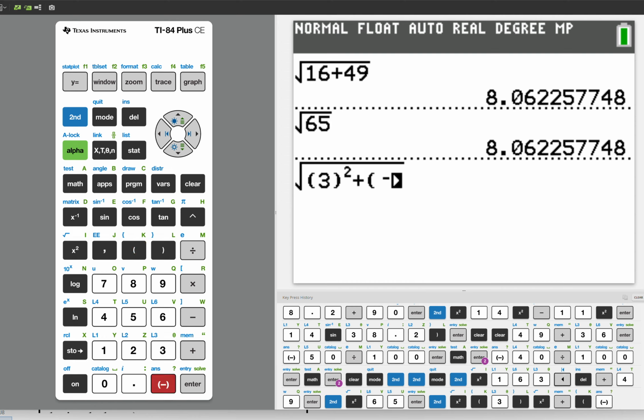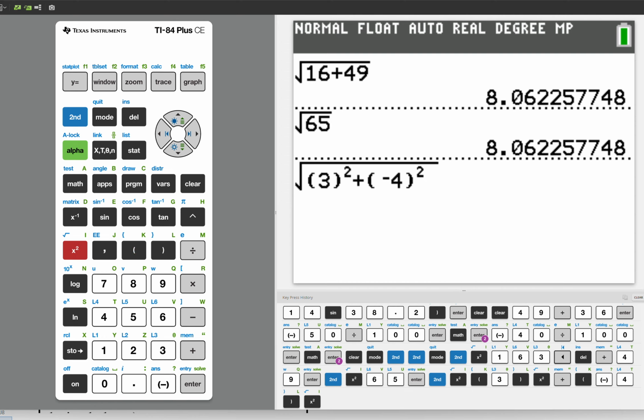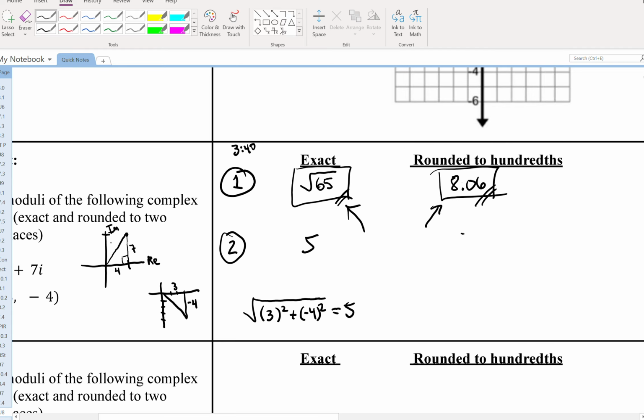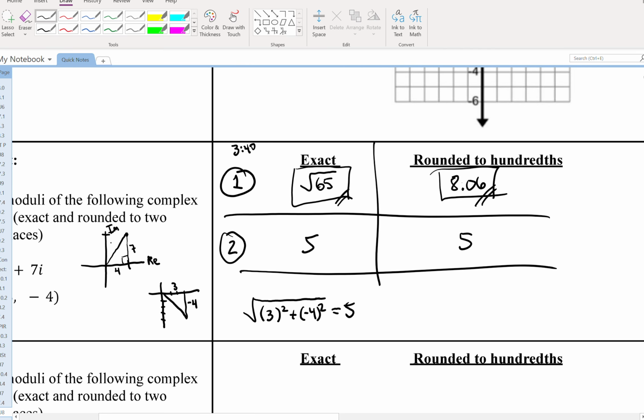So I've got negative 4 quantity squared here, and that gives me 5, just like I thought. So this is equal to 5. Its exact value is 5, and rounded to the hundredths place, it's still 5. So those are our answers there.